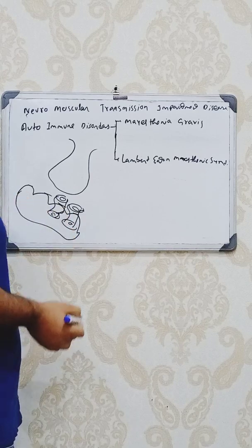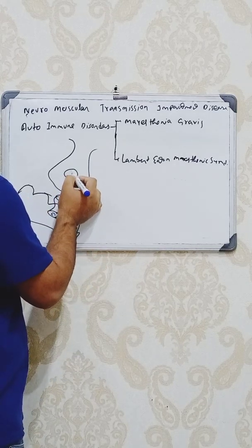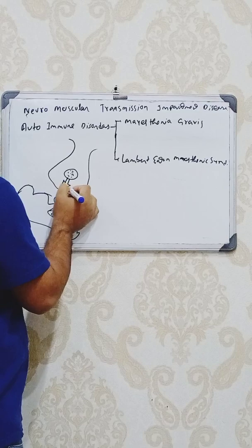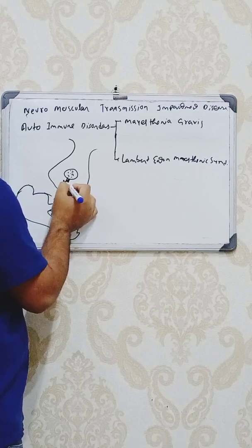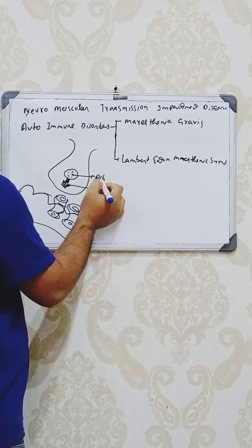Just like this. In the vesicle, acetylcholine will be formed. And there will be one type of protein here, known as synaptobrevin, and that is the acetylcholine that is stored within the vesicle.